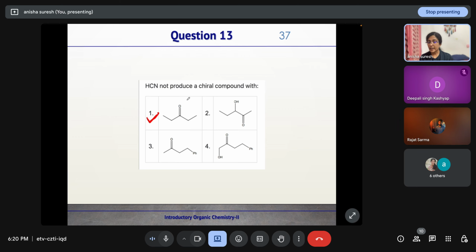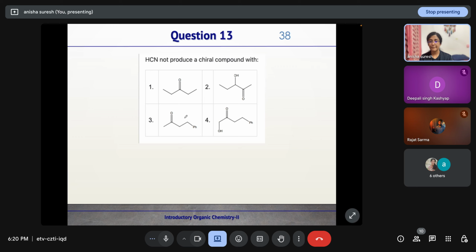In the case of option A, since both these R groups are identical, after addition of HCN, the cyanohydrin formed will not be chiral because these two groups will be identical. So we have to see whether the starting compound has a prochiral center or not. Accordingly, we find the answer. So option A will be the right answer.